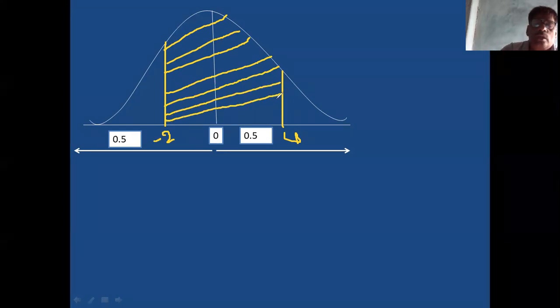If you want to know the area between this, how to find the area of this? How do we consider this area?